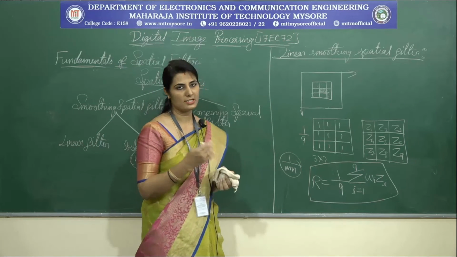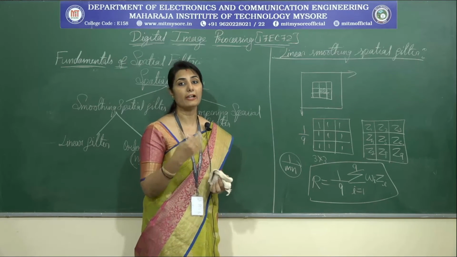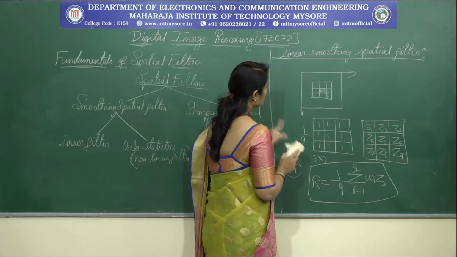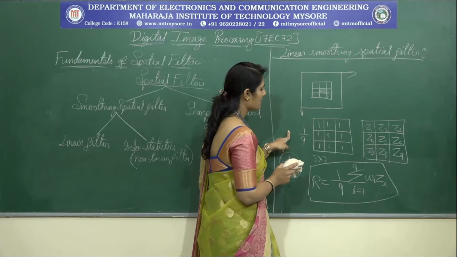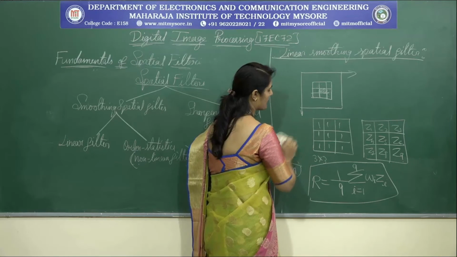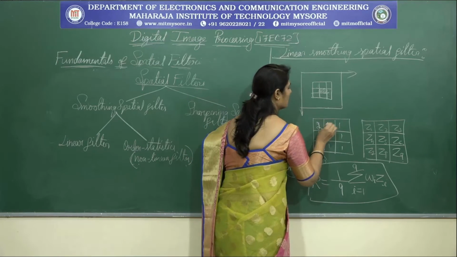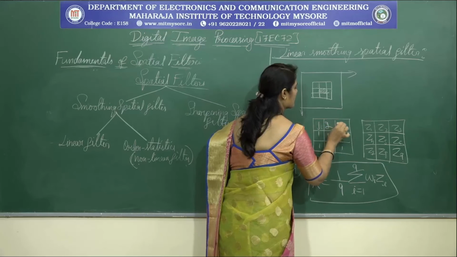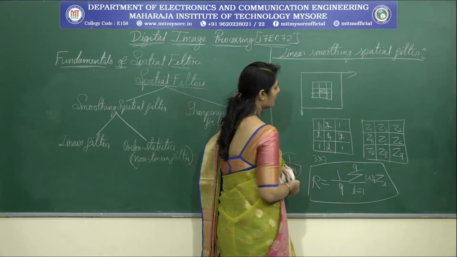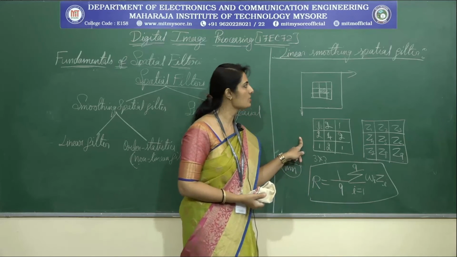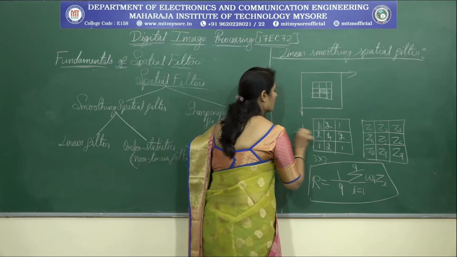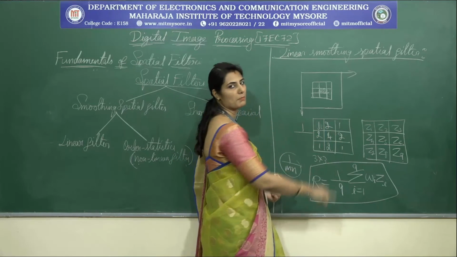In linear smoothing spatial filters we also have weighted average filters. So this was about averaging in spatial filters. If I talk about weighted average filters, the mask I consider here is 1 2 1, 2 4 2, 1 2 1. In this weighted average smoothing spatial filter, we normalize by the sum of the weights of this mask.